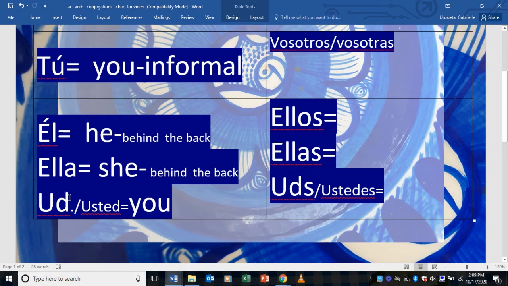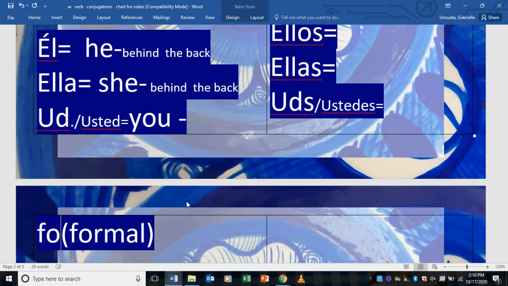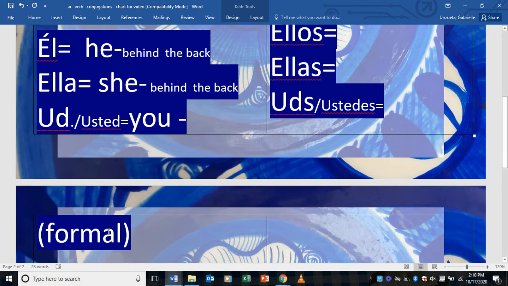Now, the usted, totally different. Usted is one of the other yous. Remember, there are 2 ways to say you. Usted is the other way of saying you. This is the formal way of saying you. So let's go ahead and put formal. Oh, I already had that down there. Formal way of saying you. This is what you would use with someone older, someone you want to show respect to, someone in authority. Okay? And right now when we use usted, we're using eyeballs.